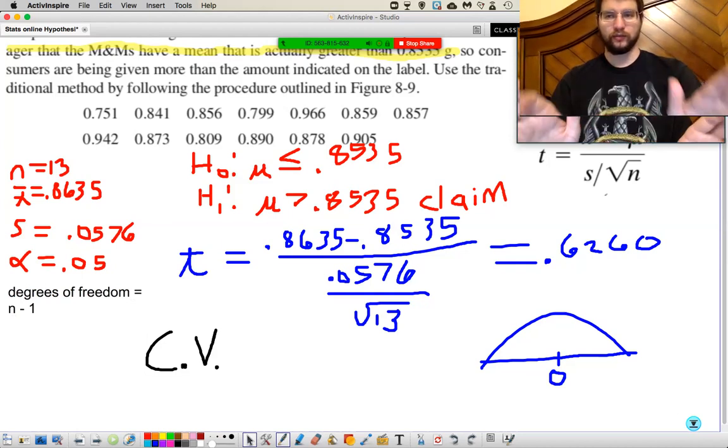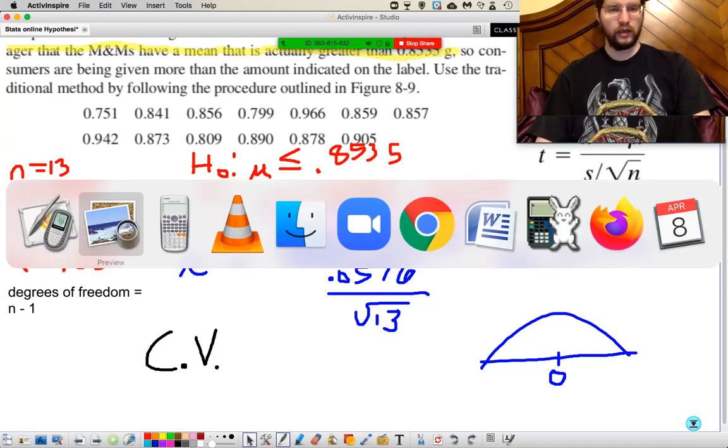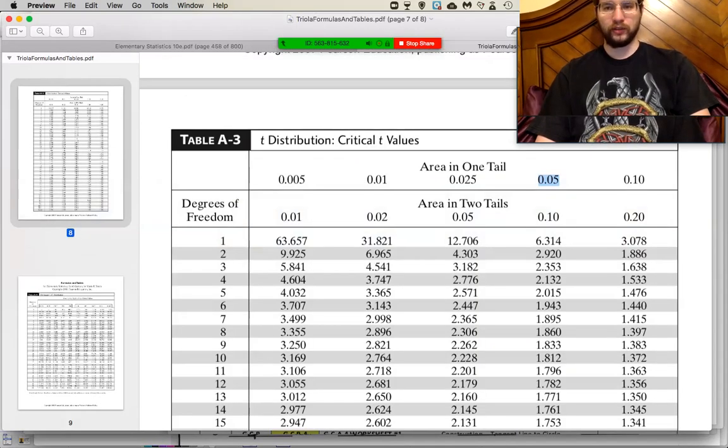For this class, always. So n was 13, that means we need to go to 12. Here's 0.05, we're going to go to 12. Where they intersect, that's my critical value, 1.782.